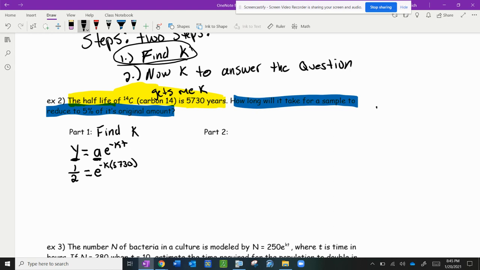So that's what enables me to find my k. Okay, so now I'm ready to just go ahead and convert this into a log. Natural log of 1/2 is equal to negative k times 5,730. I'm going to take that and divide it. I'll take the negative with it. And I'm going to have to put that in my calculator.